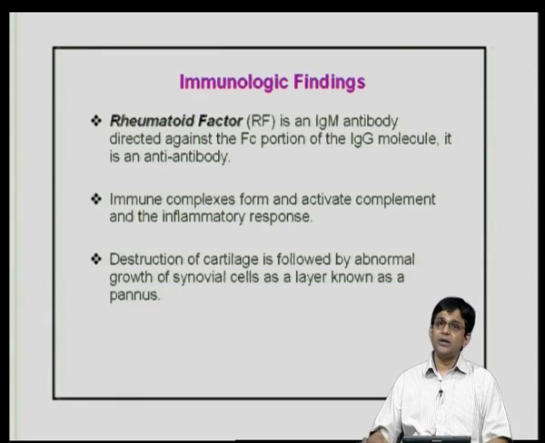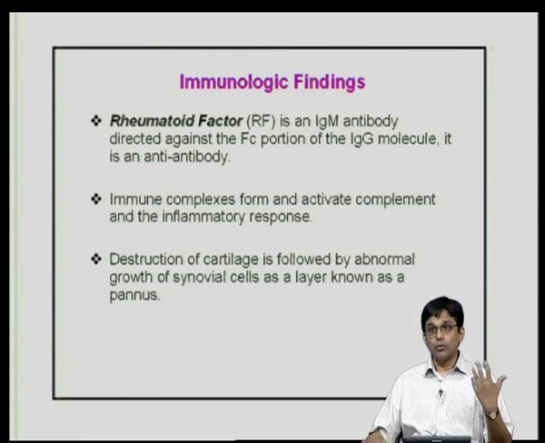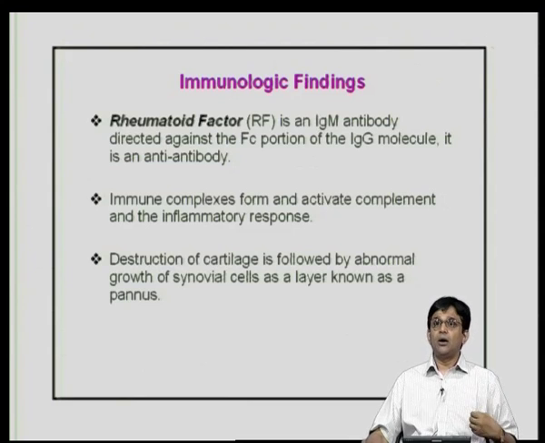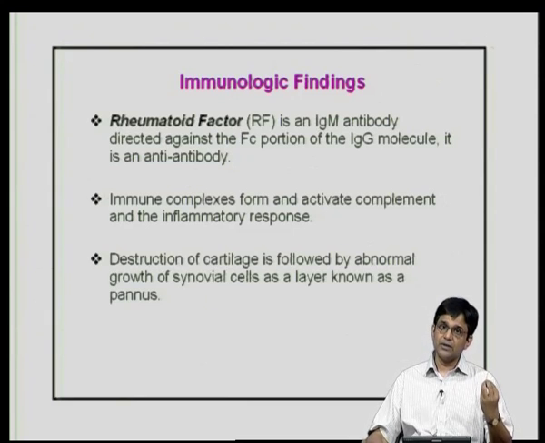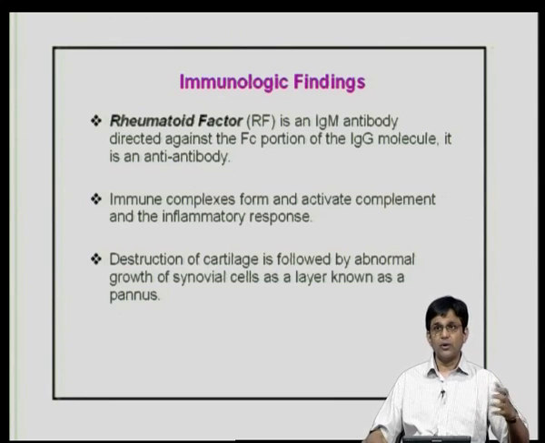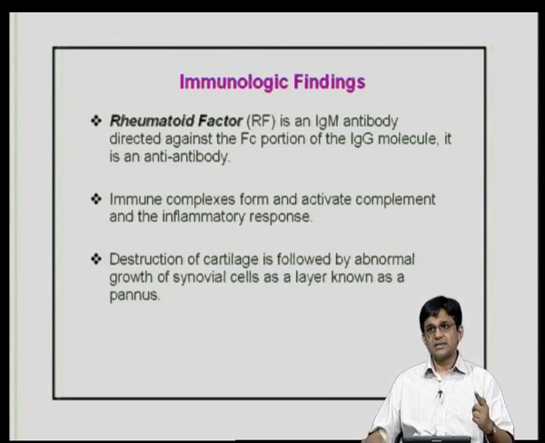Rheumatoid factor is actually an IgM antibody, which is directed against the Fc portion of Ig molecules. So, it is an anti-antibody in that sense. Rheumatoid factor levels increase with rheumatoid arthritis and also with some other autoimmune diseases, but its correlation with RA is very good, and it is used in diagnosis.